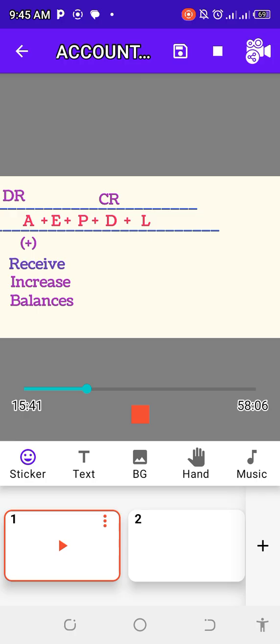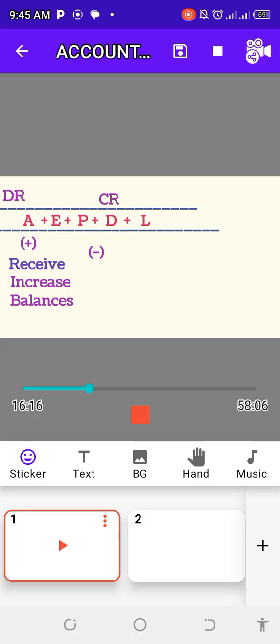And they reduce by the credit side. That is, that negative sign indicates they reduce by the credit side. They give by the credit side.